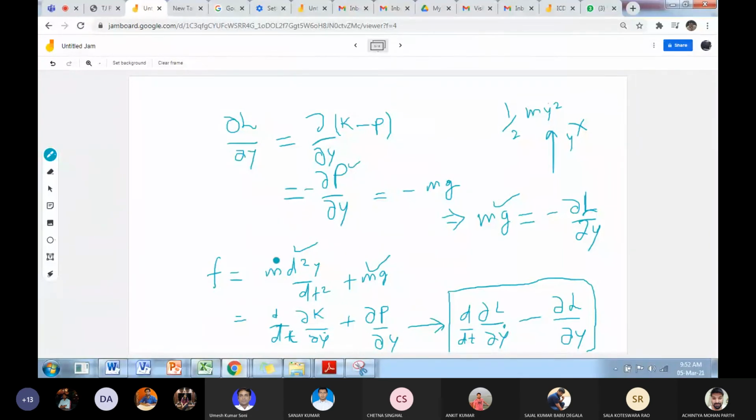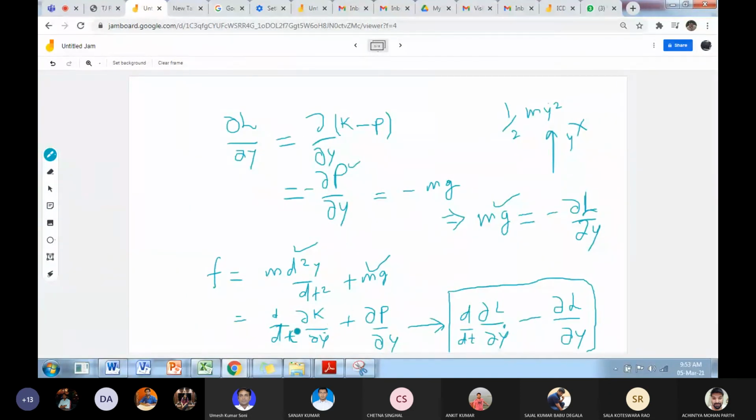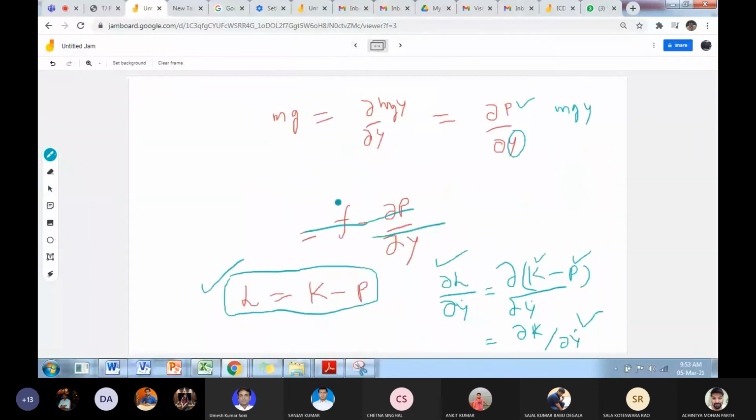So we have defined this term in terms of kinetic energy in the previous section, and we have defined mg equal to dp upon dy in the previous section. Okay, so you have replaced like this. So this term delta k by delta y dot is already equal to delta l by delta y dot from this equation. Okay, clear है?